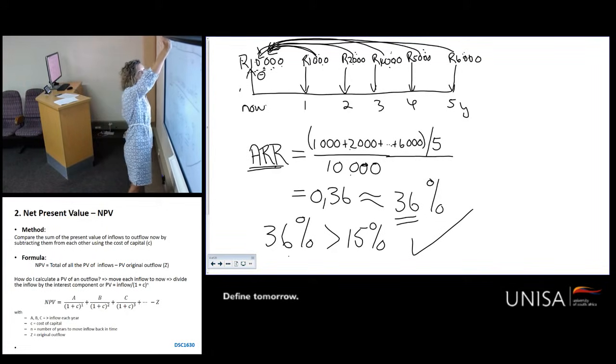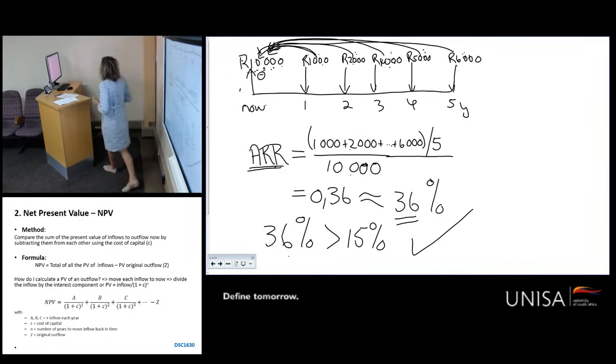So we're moving all these values back in time using the cost of capital, and that's why on the board, A, our first inflow, is divided by 1 plus C, and C is the cost of capital, and in this instance, we're just taking it back 1 year. B, we're taking back 2 years. C, we're taking back 3 years, and we add them all together minus your Z, and remember the Z was the original outflow.